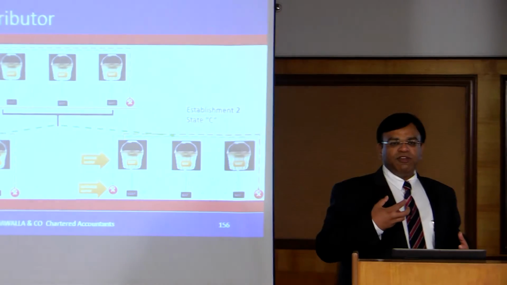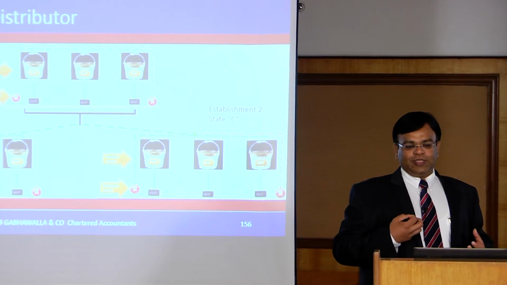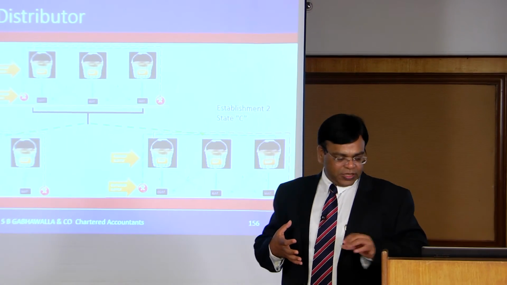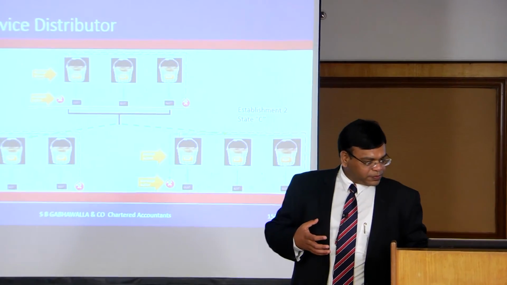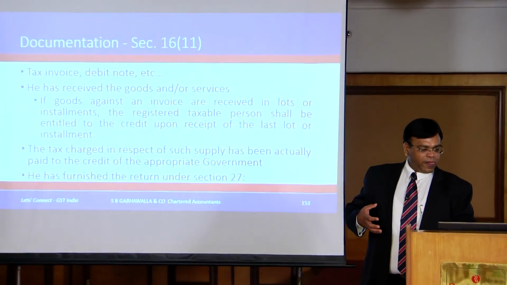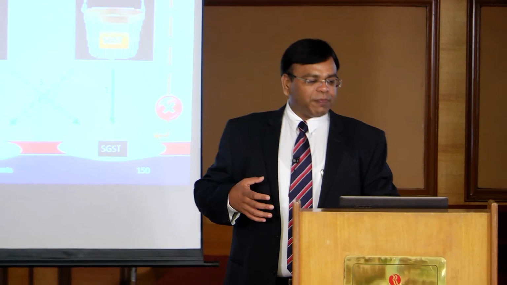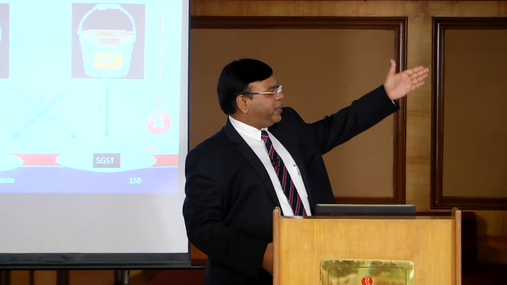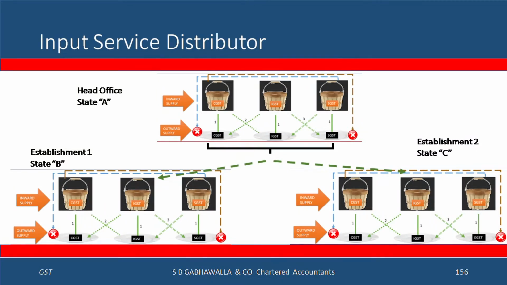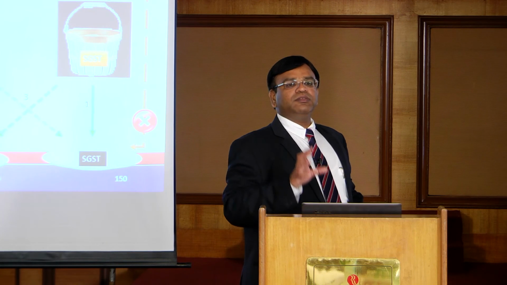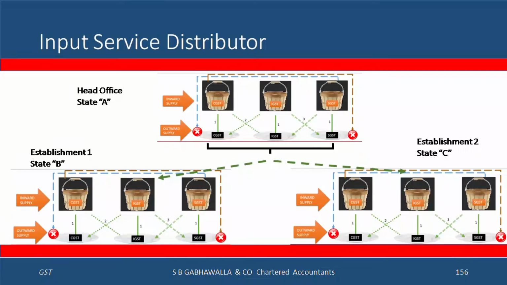The transfer will be through the concept of IGST. So what typically happens is, when we saw the earlier slide, we said that S is not adjustable against C, C is not adjustable against S. Now through this concept of ISD, what can happen is, you can have a C or an S in the head office, you will transfer it through ISD, and that transfer is through the concept of IGST.